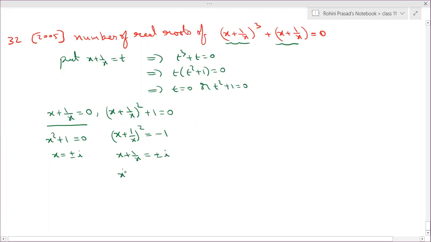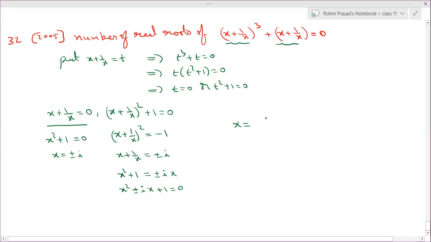So again the same logic, x square plus 1 equal to plus minus ix. So again x square minus plus ix plus 1 equal to 0. If you use the quadratic formula, even for this also you won't get real roots. We are not interested in the roots of this. We are interested whether the roots are real or not.